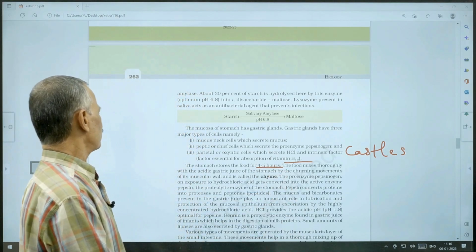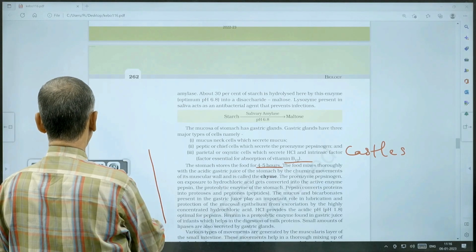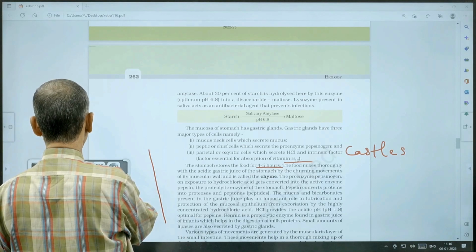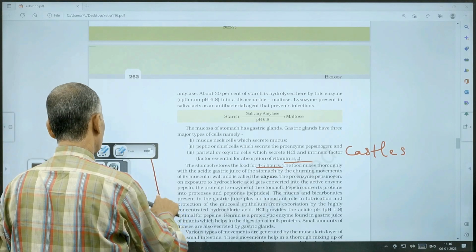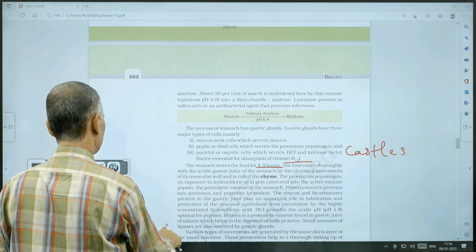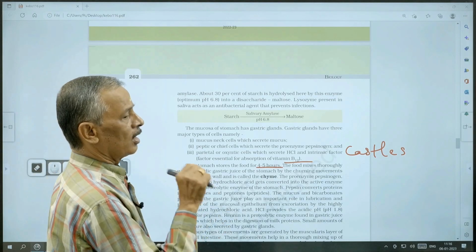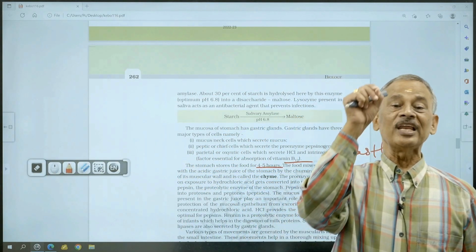The proenzyme pepsinogen. What is a proenzyme? Why is it called so? A proenzyme is an enzyme which is not active. Why is it not active? Protein digesting enzymes are produced in an inactive form.